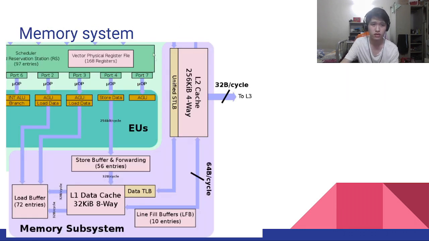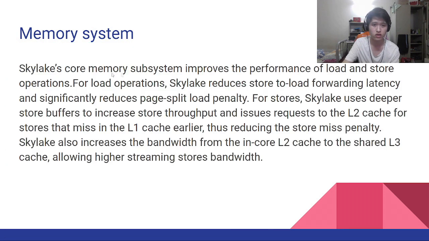This one is the memory system of the core. The Skylake core memory subsystem improves the performance of load and store operations. For load operations, Skylake reduces store-to-load forwarding latency and significantly reduces the page split load penalty.